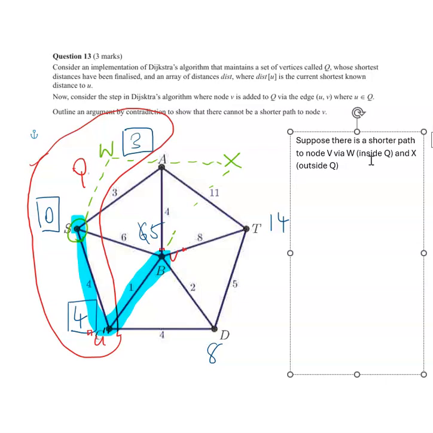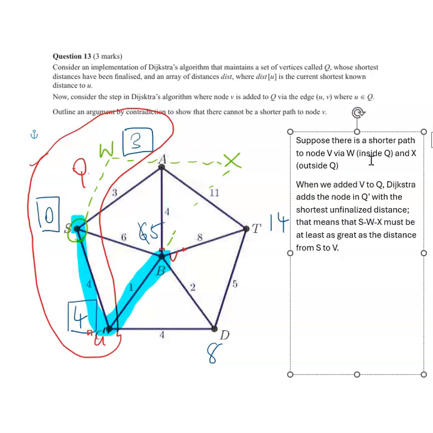So when we decided to add node V, we did it because it was the shortest distance of all the unfinalized nodes. So that means that the distance from S to X must be greater than the distance from S to V. There we go.